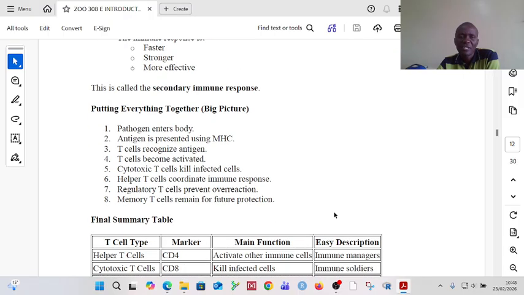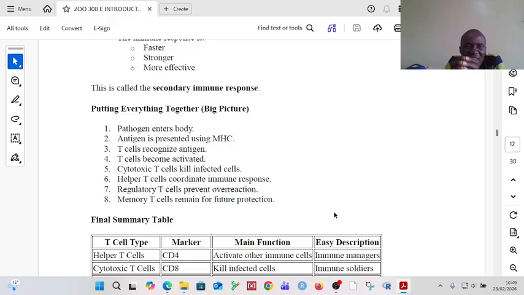So just to put things together, when a pathogen, an infectious agent, enters the body, it enters the cell, for example. That pathogen will be broken down. Then the antigens will be presented using the MHC. Okay? So once the antigen has combined with the correct MHC, then T cells will be able to recognize that particular antigen.